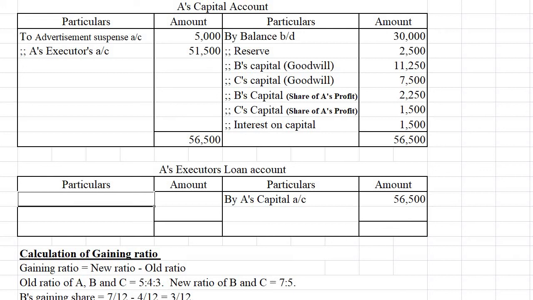Okay, and half of the amount we have to pay to him. See, here one problem is that we have a cash in hand only 9,000, and half of this amount we have to pay to A's executor. That means 25,750 we have to pay to A's executor. So since we have no sufficient cash in hand and it is given in the question to pay them immediately, we have to borrow money from the bank. That means we have to take bank overdraft.